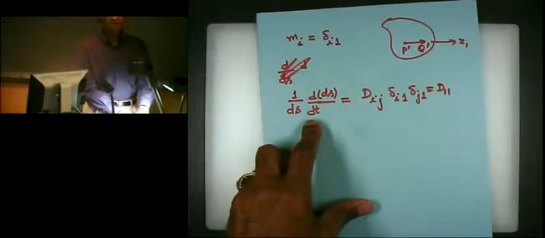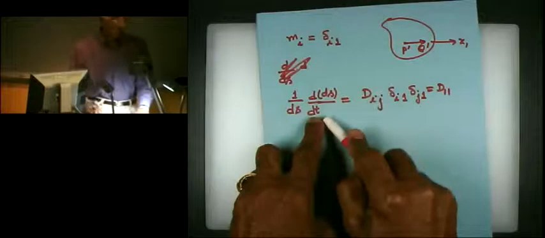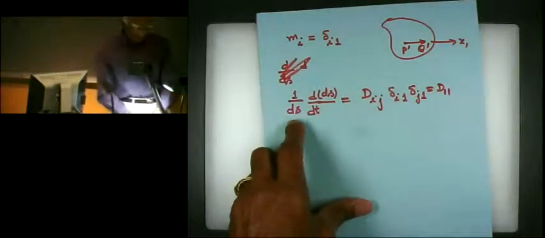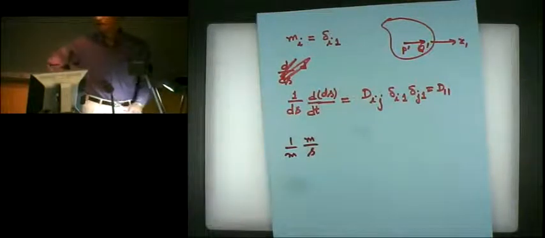So ds over dt is meter per second, and when you are dividing by meters, we have 1 over meter, meter over second. So the units are per second. So this is strain rate. What are the units of strain?